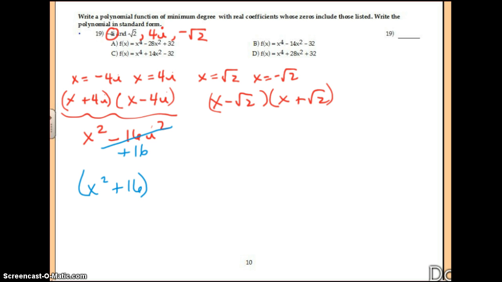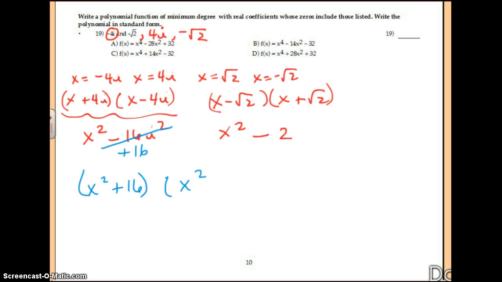And then for x minus square root of 2 times x plus square root of 2, again we have a sum and a difference, so the middle terms will cancel. We'll have x squared, minus, and square root of 2 times square root of 2 would be 2. So that would also be a factor on its own.